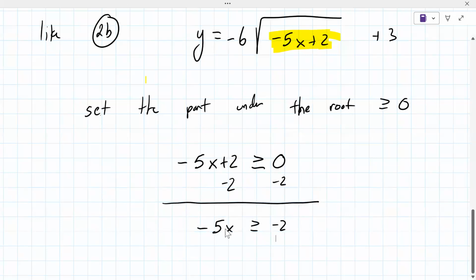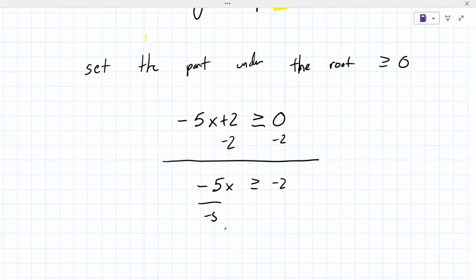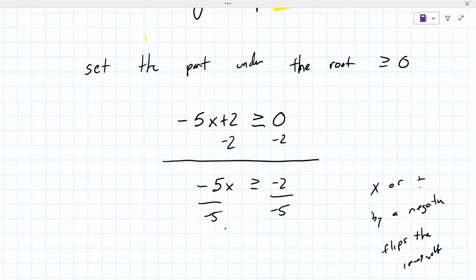To isolate x, we have to divide by negative 5. Whenever you multiply or divide by a negative, it flips the inequality. So x is now less than or equal to 2/5, like that.